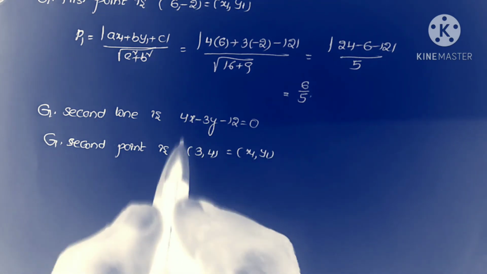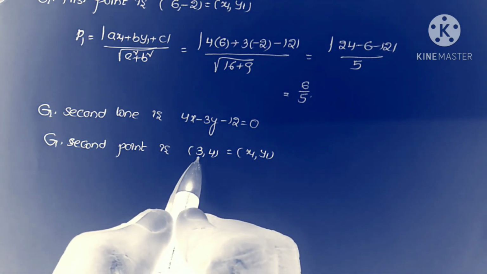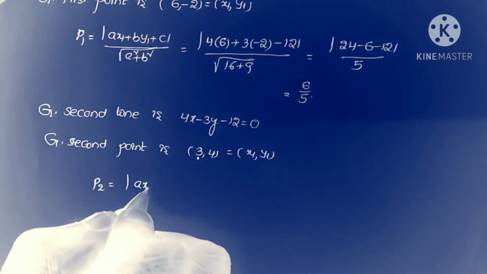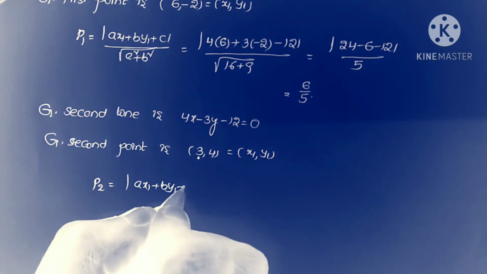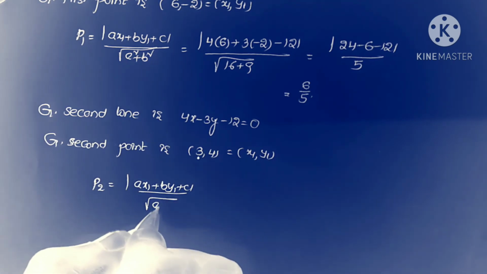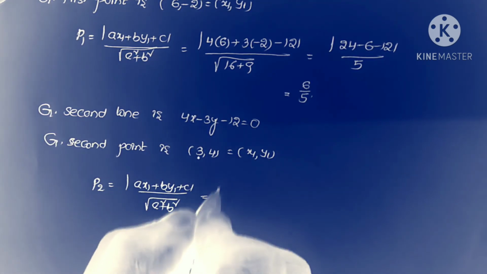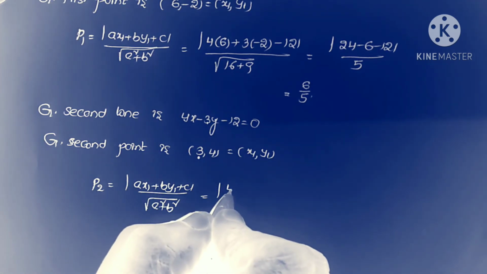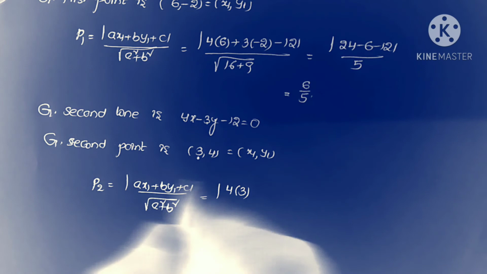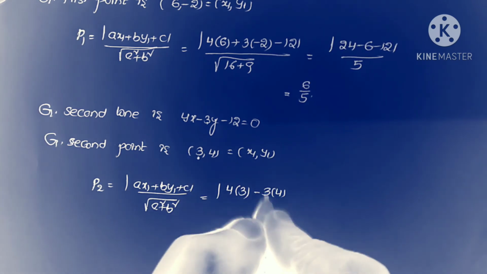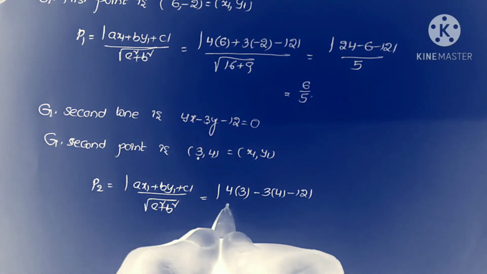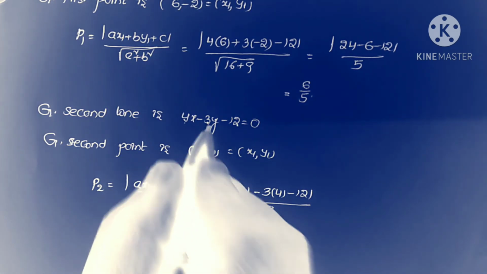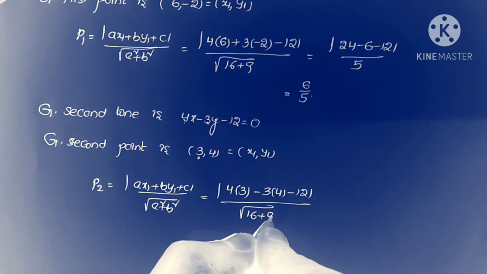Now we find the perpendicular distance from the point to the line, that is P2, using the same formula: mod of (ax1 + by1 + c) divided by the square root of a squared plus b squared. Here a is 4, b is -3, c is -12: 4 into 3, plus -3 into 4, plus -12, divided by the square root of 4 squared plus (-3) squared, which is 16 plus 9.